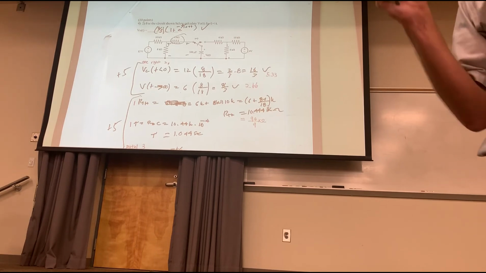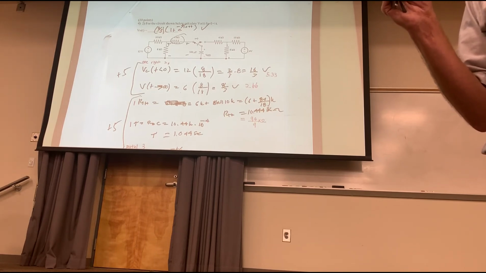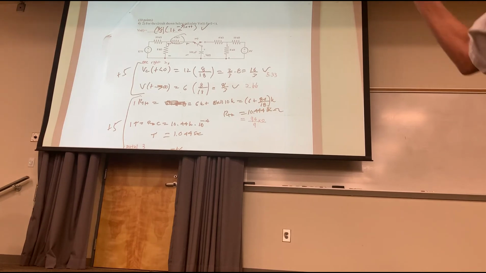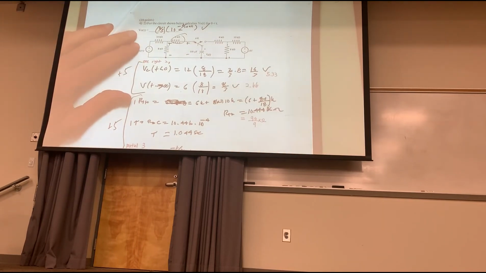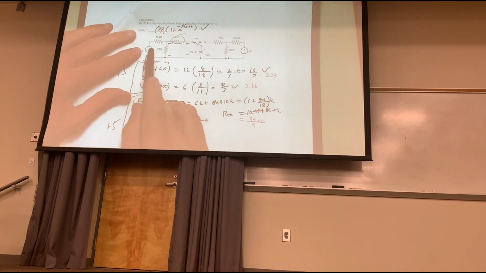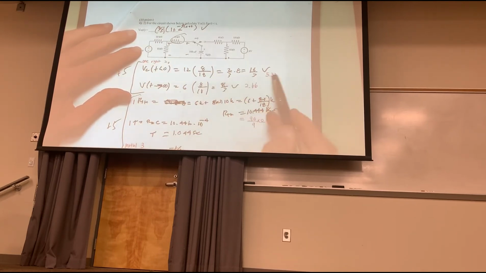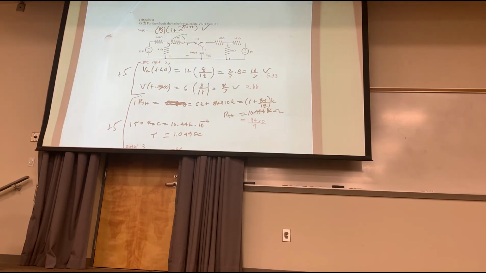You don't do voltage division here. That means the voltage across the 8K is the same as the voltage across that capacitor. And what is that voltage? Well, it's 12 times 8 over the sum of 10 and 8, and it's really just 16/3 of a volt, for t less than 0.